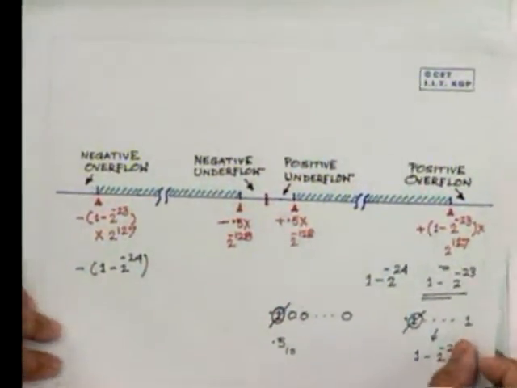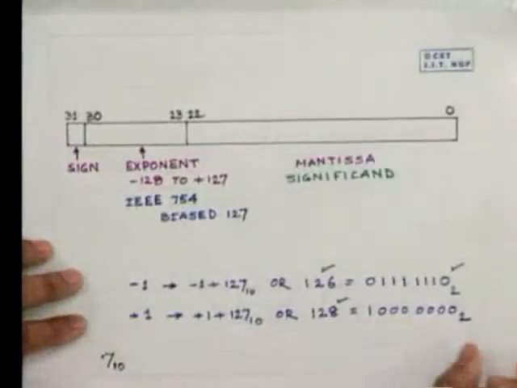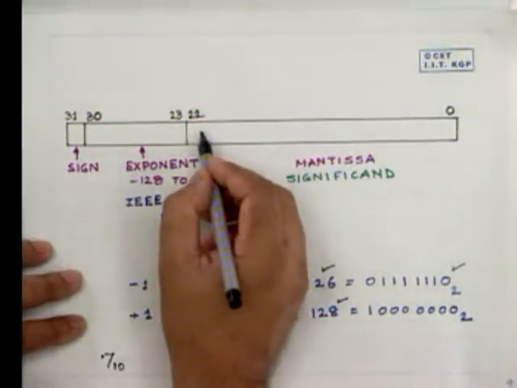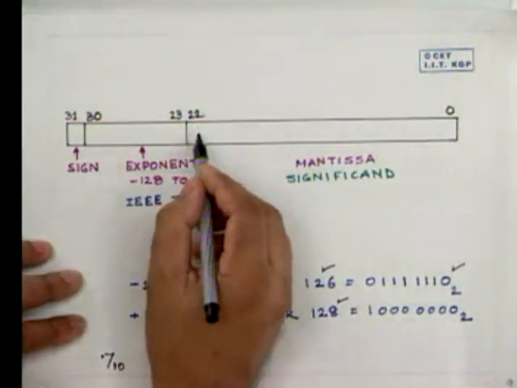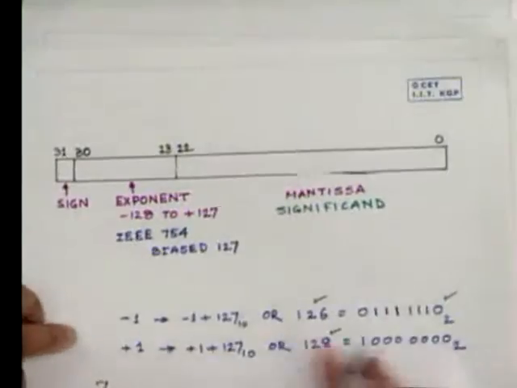Therefore, in our representation, all the 23 bits that we have can be used as if we have 24 bits over here. This is one thing that I should explain.